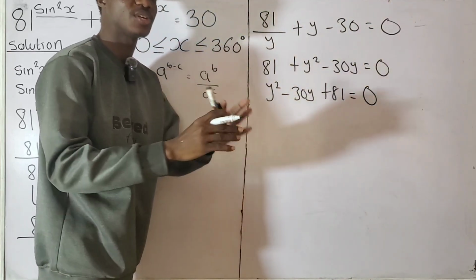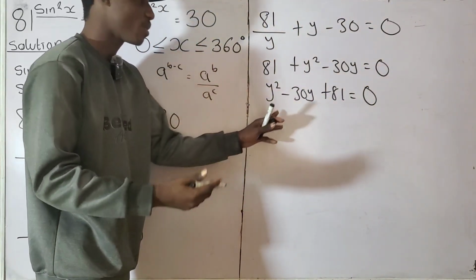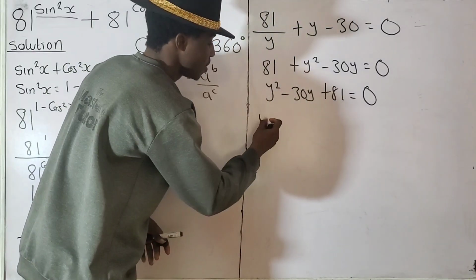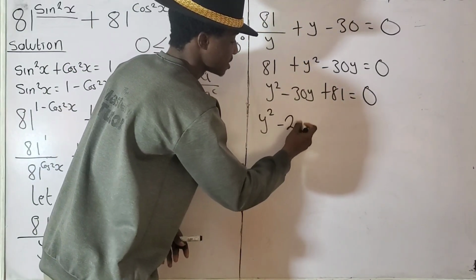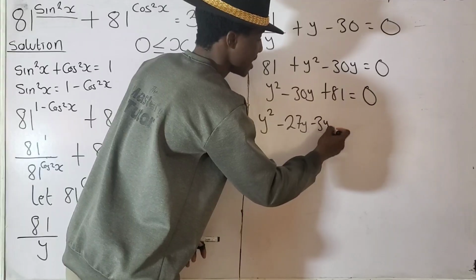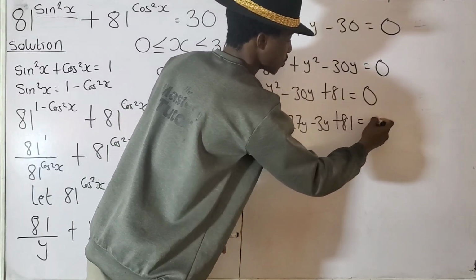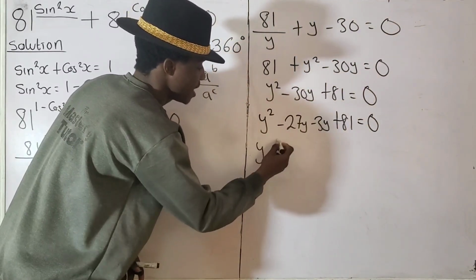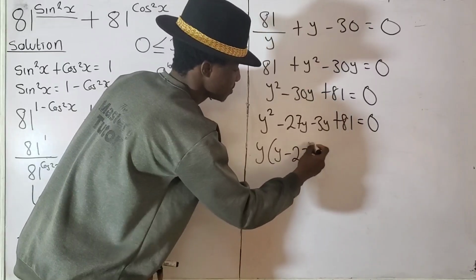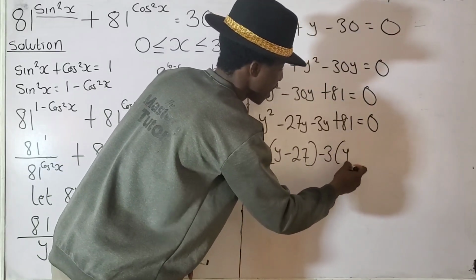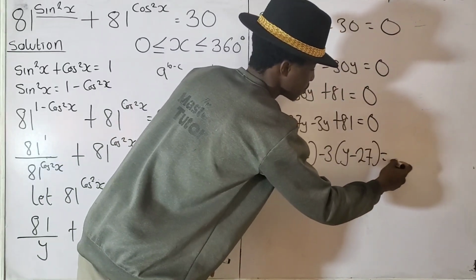The next step is that you're going to solve this by factorizing. You're going to have y squared minus 27y minus 3y plus 81 equals 0, right? So (y minus 3)(y minus 27) will be equal to 0.